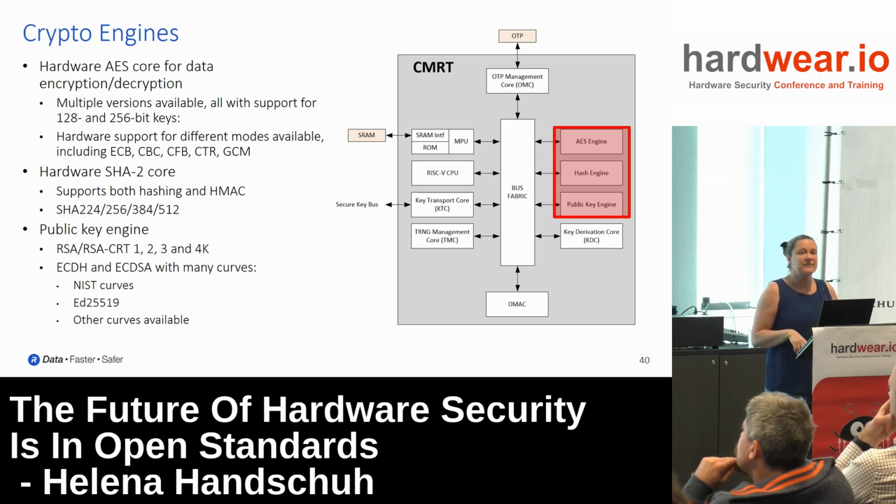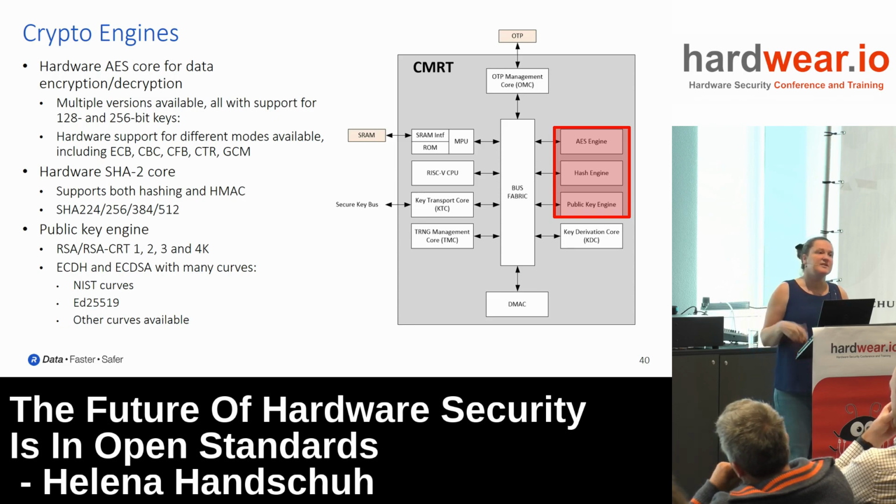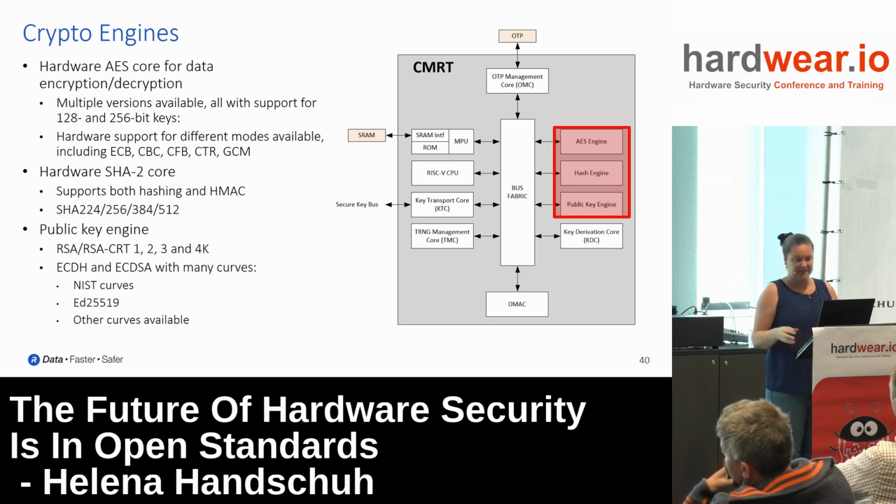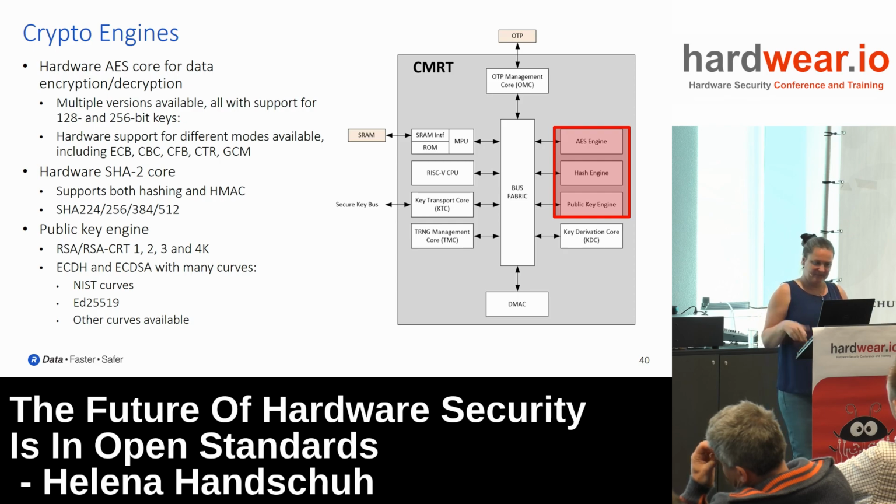All right, so for every hardware root of trust style of device, obviously you need some crypto to be able to enforce things, but also to run specific functionality. If you're talking secure boot, authentication, encryption, all of that, you need crypto engines. So we have a number of different cores in here.